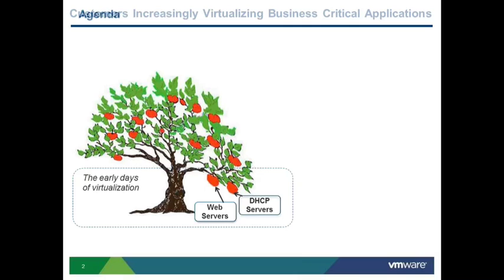So most of you guys, if you're like me, have been in this game for a little while as well, and we've got to the point where in the early days a lot of virtualization was going on, and we went from that physical to virtual platform. And the easiest way for our businesses and the guys to learn to essentially play with this new technology was to pick what we call the low-hanging fruit, the sort of DHCP servers, web servers, anything that could be fairly easily virtualised.